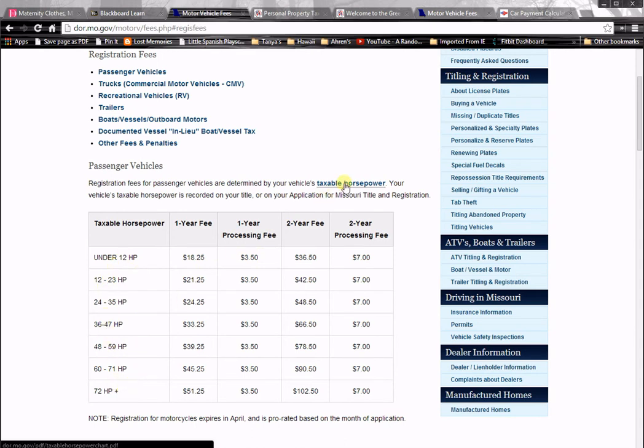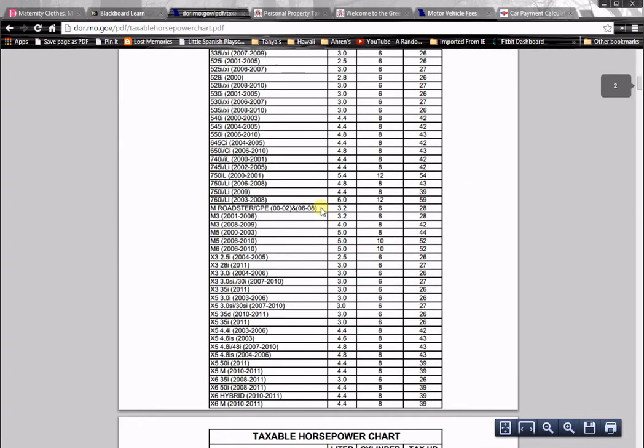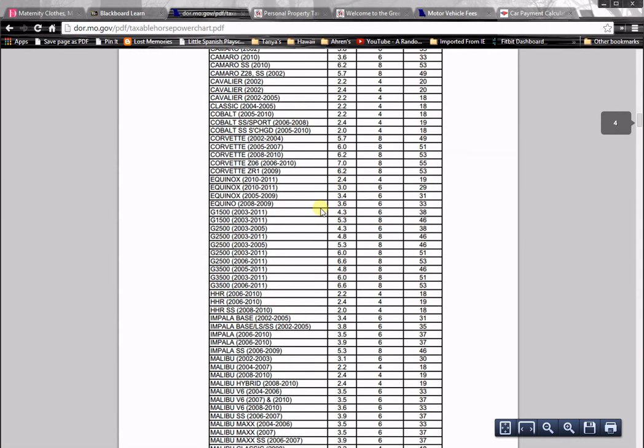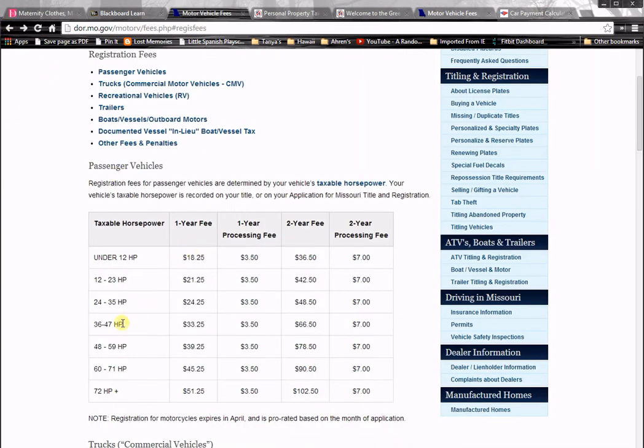This chart tells you taxable horsepowers. Find a car close to yours, same make, similar model, maybe earlier year, and use that taxable horsepower. For example, if you had a car with a taxable horsepower of 20, it'd be $21.25 per year plus $3.50 processing. Total would be $24.75 per year for licensing.